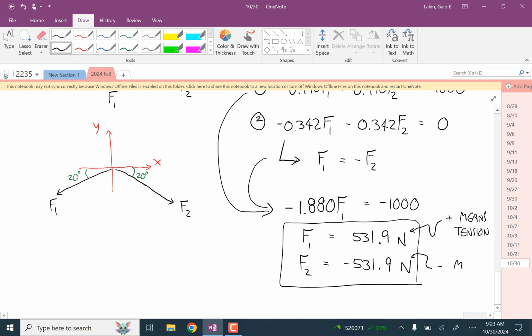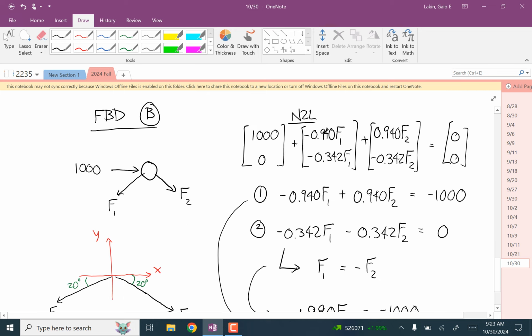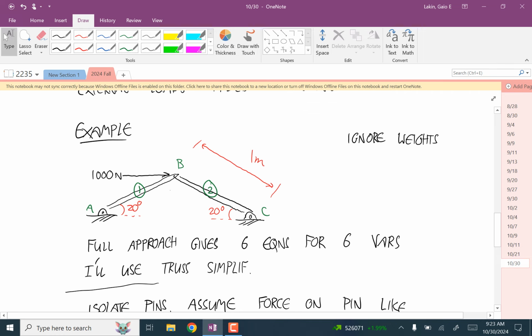Negative means that our assumption was backwards, so it means that the member was in compression. And that makes sense if you look at this. You can imagine if these were made out of rubber, you'd be stretching member 1 with this force, and you'd be squishing member 2.